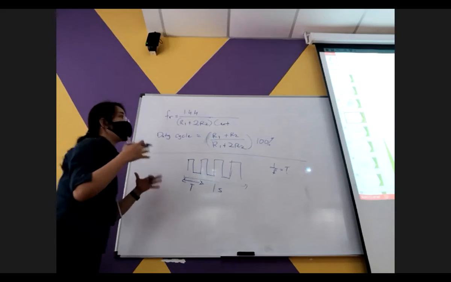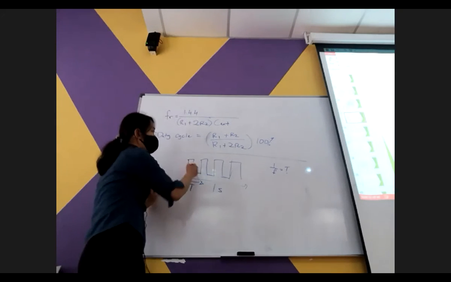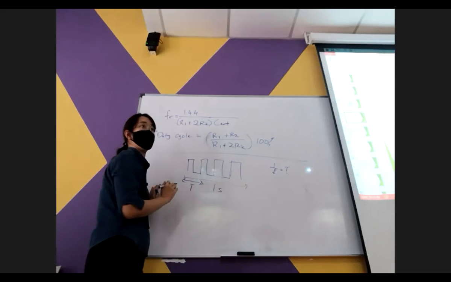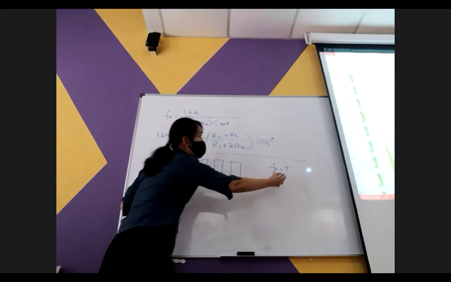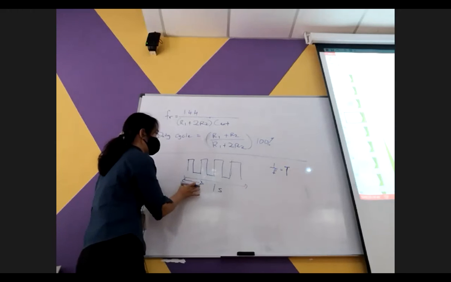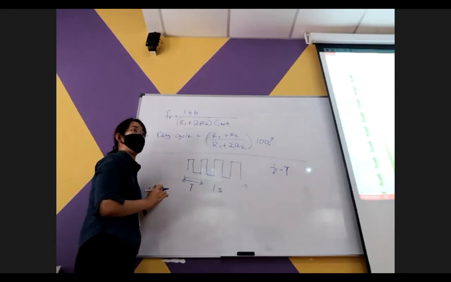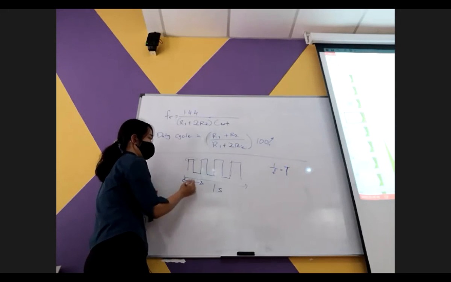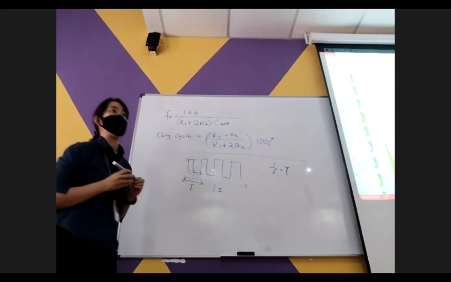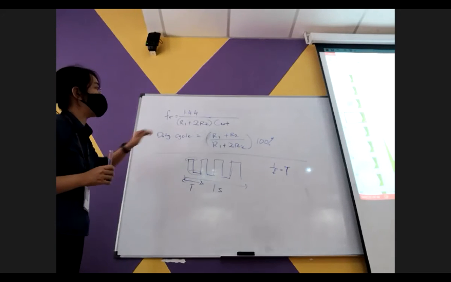So frequency is how many cycles in 1 second, and 1 over frequency, let's say T, is the time for 1 cycle. Then how do I know how much time is for mark and how much is for space? This is when duty cycle comes in.